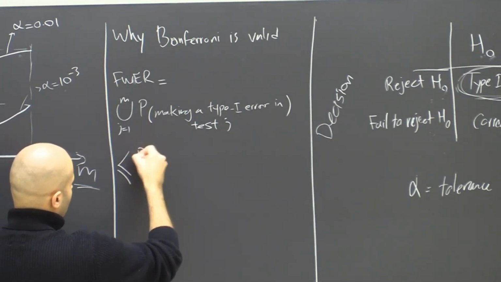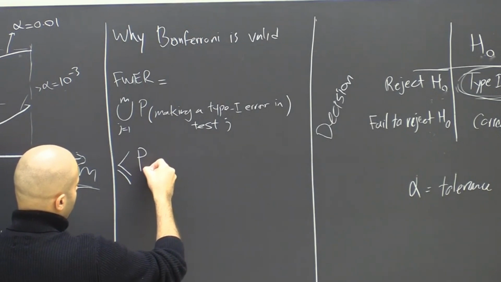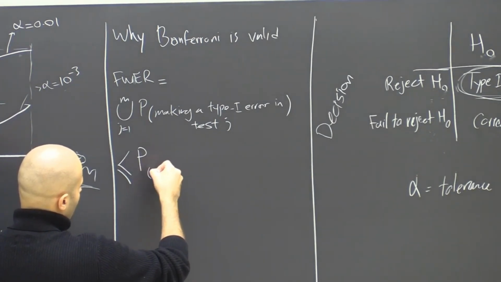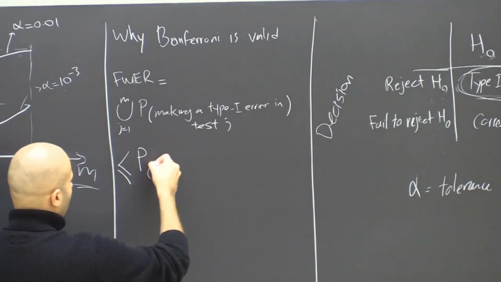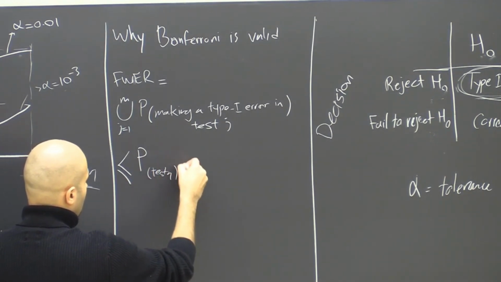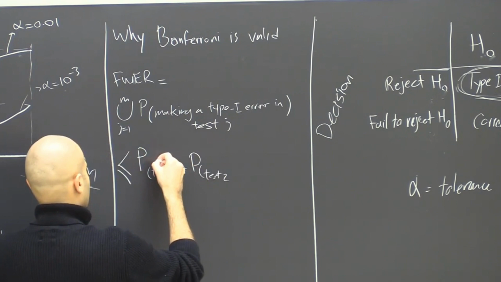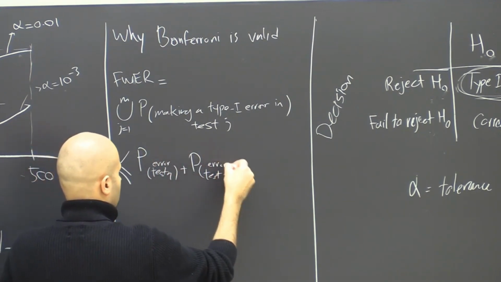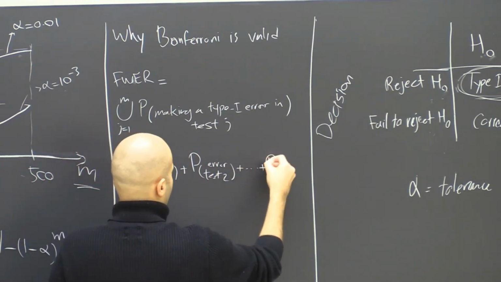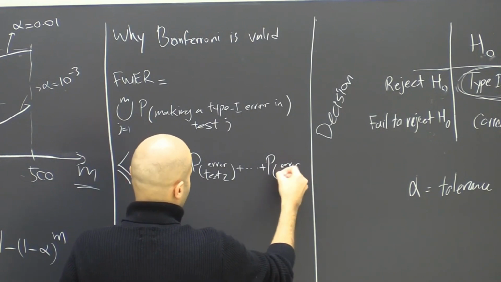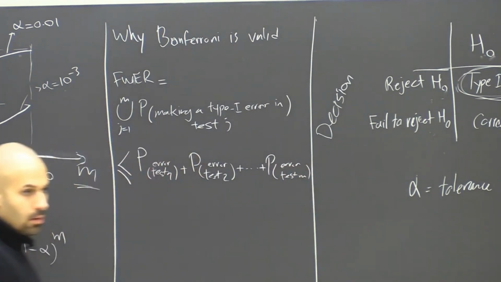So let's say P of making a type 1 error in test number 1, all the way to an error in test number m, right?